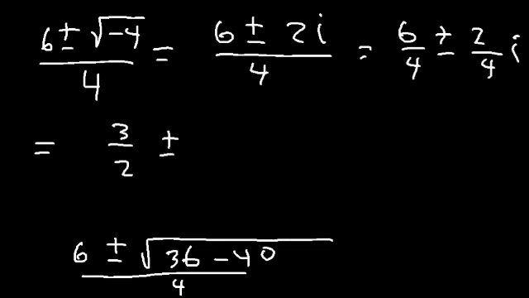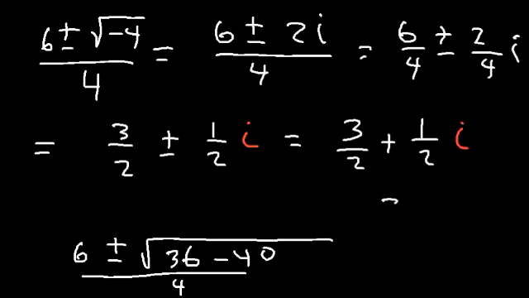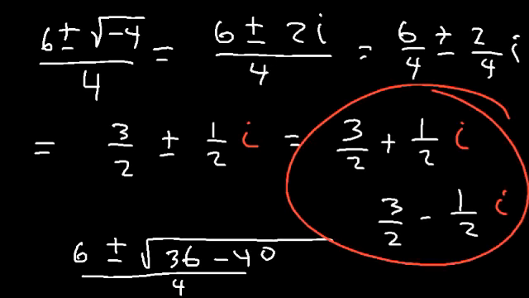And 2 over 4 reduces to 1 over 2 times i. So therefore, we have two answers: 3 over 2 plus 1/2 i. And the second answer, 3 over 2 minus 1/2 i. And that's it for this problem.